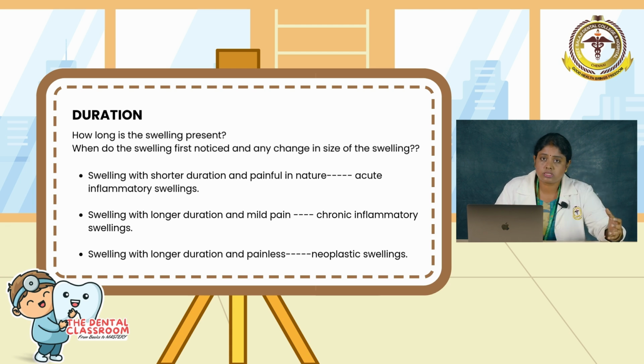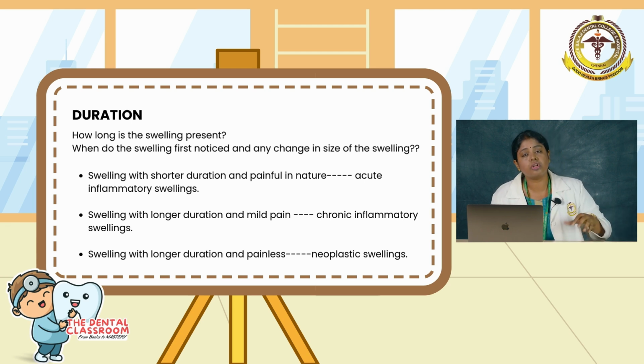Certain patients might say, doctor, yesterday night I was all right, today morning I saw a big swelling. That tells you that it is an acute swelling. Or certain patients will say, doctor, it is there for a very long time. It wasn't bothering me much, so I didn't come. Maybe now the size is a little more, so I thought I'll come and have a checkup. So this tells me that it is there for a longer time.